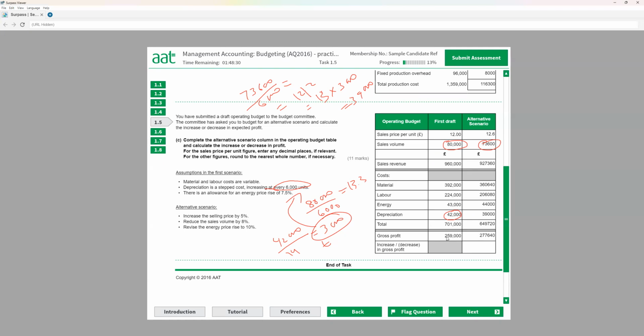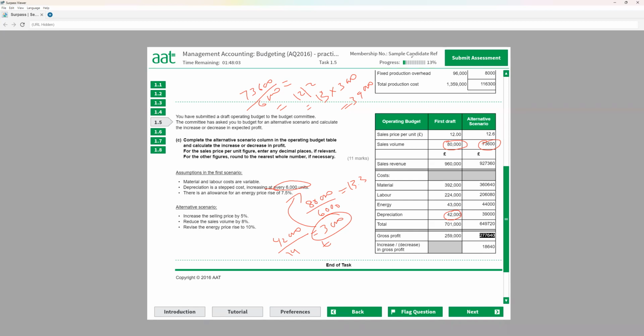With the first draft, our gross profit was 259,000, and with the alternative 277,640. So the alternative is more, isn't it? So increase by 18,640. This is the difference between the gross profit of the first draft and the alternative scenario. So the alternative scenario is much better because the gross profit will increase by 18,640.